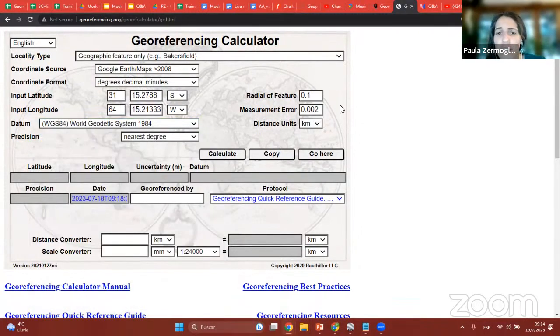And then we will have uncertainties that are related to the size of our feature and how well we can measure on a particular map. So this measurement error, which is the error that we make when we determine the extent of the feature, is going to contribute also to the uncertainty.